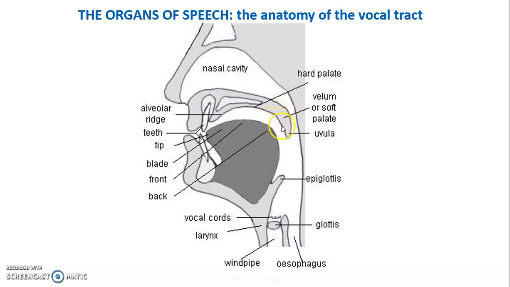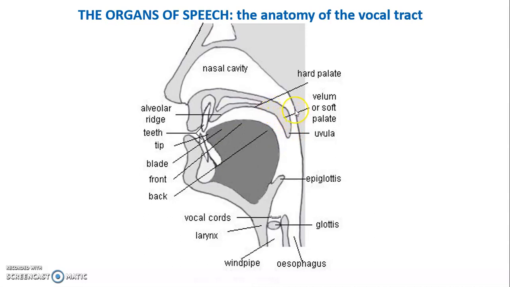We said that the soft palate can move. It's an active articulator, together with the tongue and the lips. Why do we say that the soft palate is an active articulator? Because it can go up and down. It can be raised or lowered.